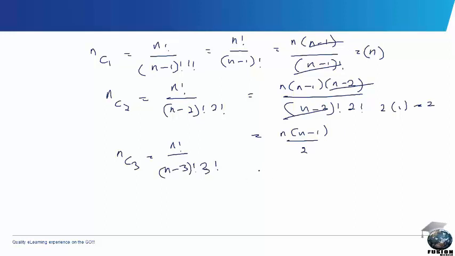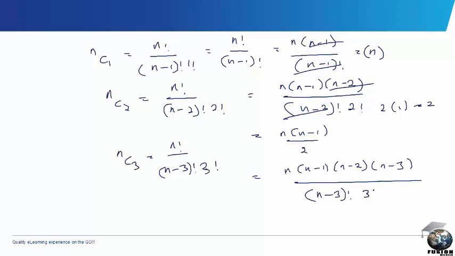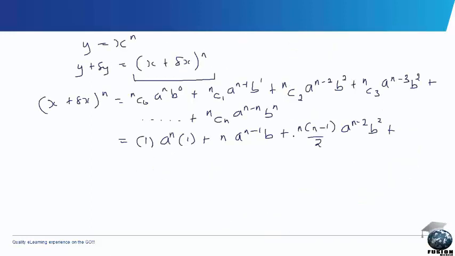Alright, and this expands n, n minus 1, n minus 2, n minus 3 all over n minus 3 factorial, 3 factorial, and this takes care of this. 3 factorial is equal to 3 times 2 times 1, 3 times 2 is 6, and so we have n into n minus 1, n minus 2 over 6, and it continues in that format.